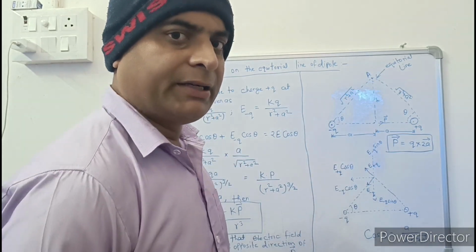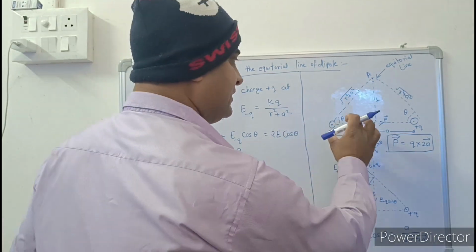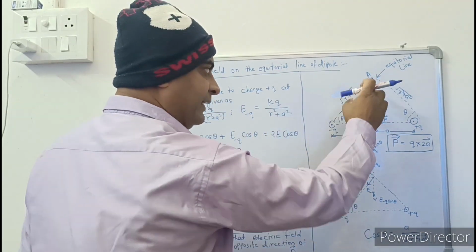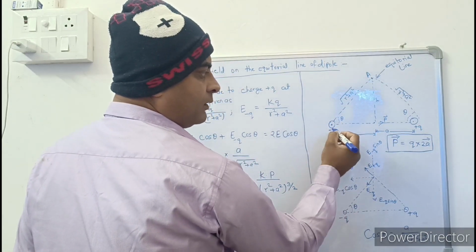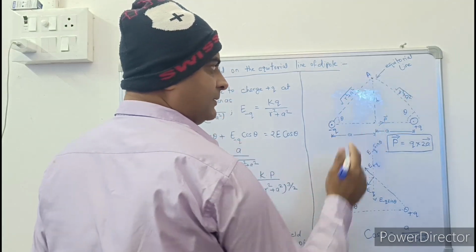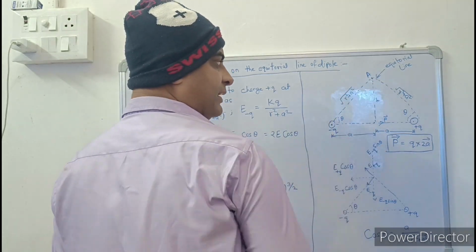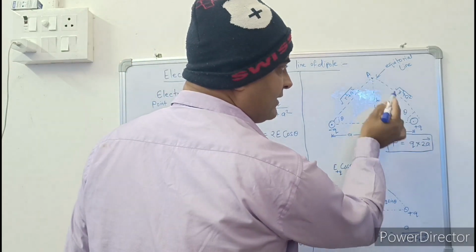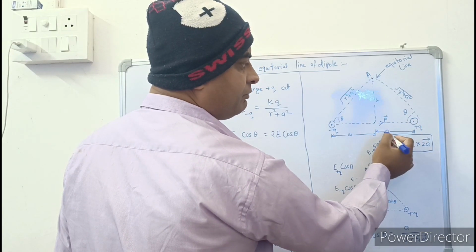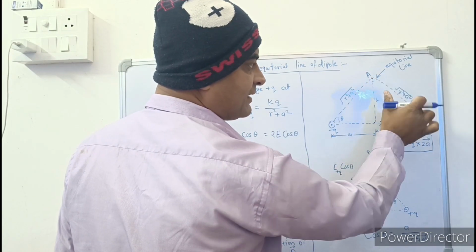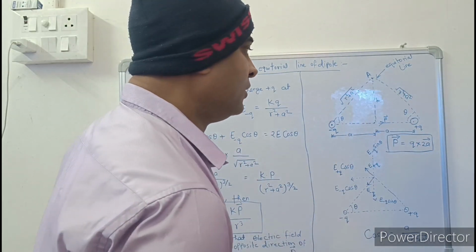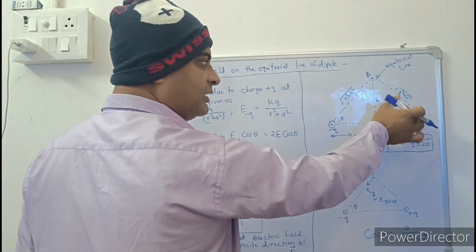To calculate the electric field at A, we must know the distance from the negative charge to this point of interest, which is root of r square plus a square. Likewise, for the positive charge, if this distance is a and this is r, the hypotenuse is root of r square plus a square. So you know this distance.